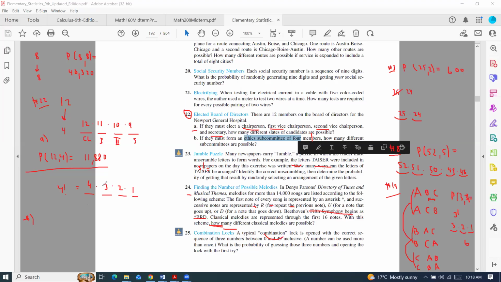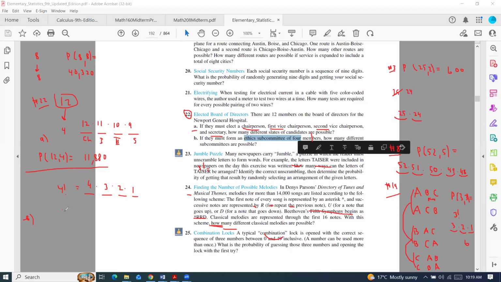Or if you selected the other 4 people, let's say you selected the first 4 from these 12 candidates, or you choose the last 4, or any 4 candidates from this group. And if you start to permute them, you get various positions. But if you don't, it turns out the number of permutations for these 4 is always 4 factorial.